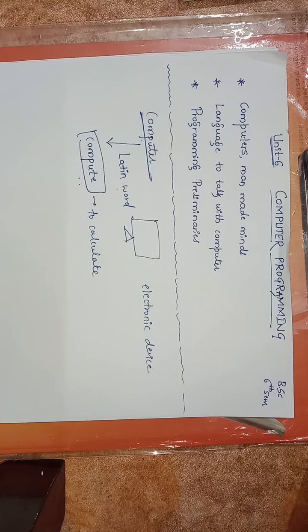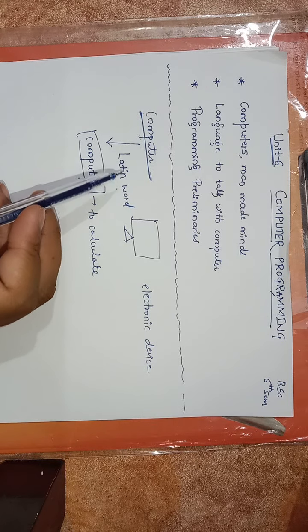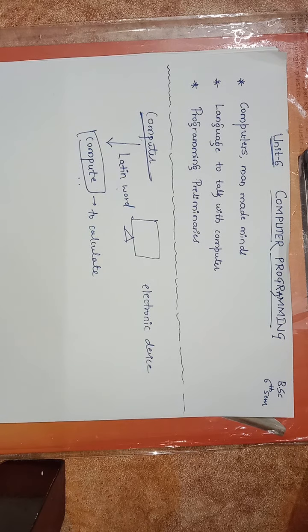Therefore, we can say that the computer is a calculation machine. When the computer was designed for the first time, they used it only for calculations, only to do arithmetic operations. You know it already.